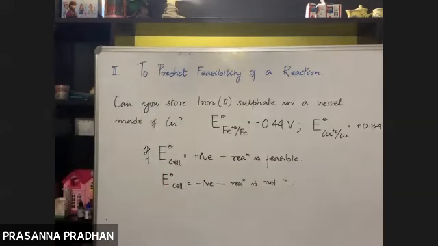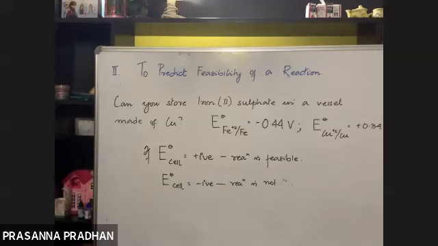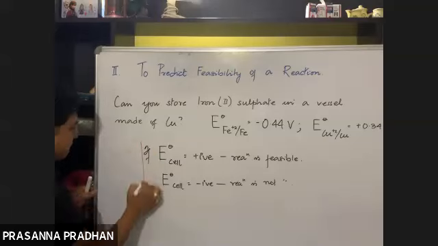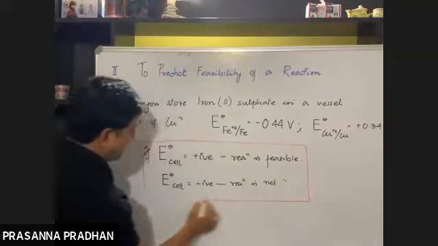The reaction will not occur. So please note down these 2 points. From the values of this standard cell potential, we can easily predict whether the reaction will occur or not. If the standard cell potential is positive, the reaction is feasible, meaning the reaction will occur. And if the value of standard cell potential is negative, the reaction is not possible.